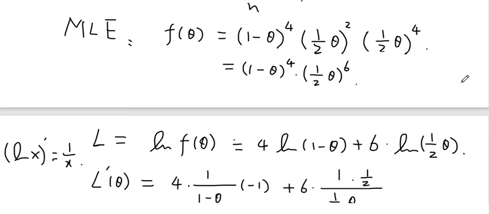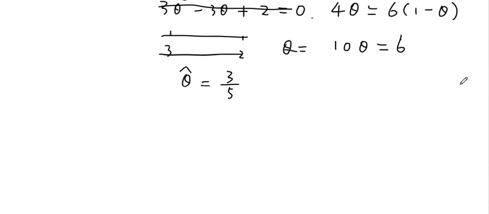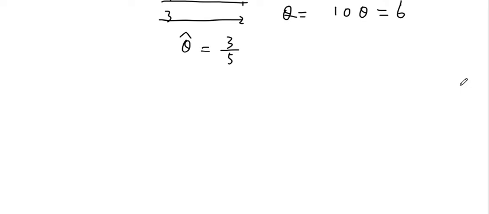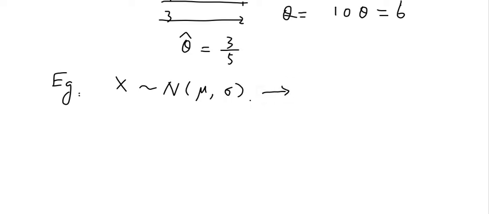So let's consider a general continuous situation, just like a normal distribution. Let's say X, the population, follows a normal distribution with mean mu and standard deviation sigma. From this population, we get a sample, we get data, x1, x2, up to xn.